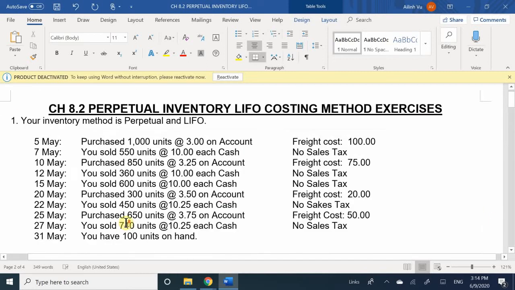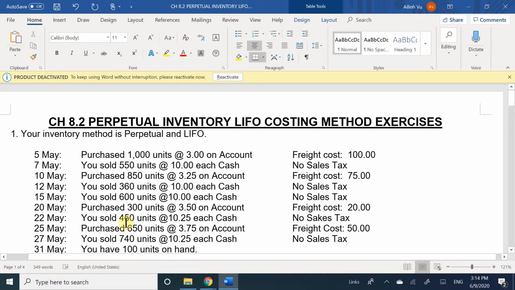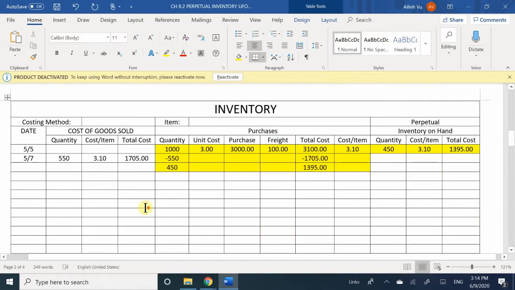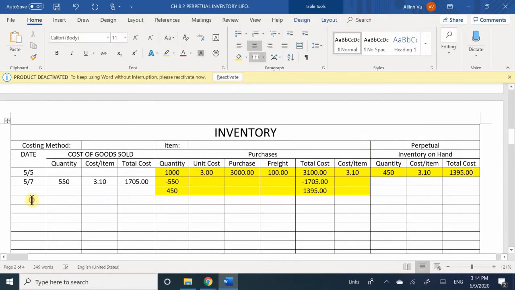Now what happened? On May 10, we purchased 850 units at $3.25 each, and our freight was $75.